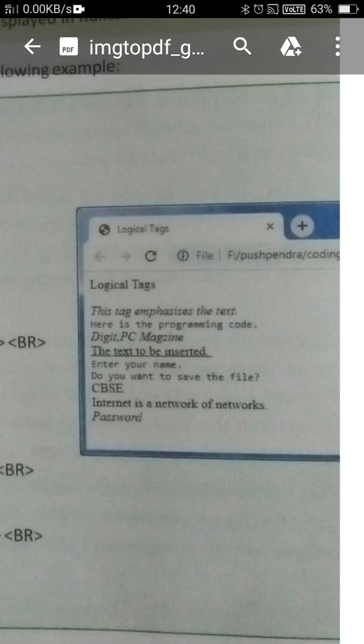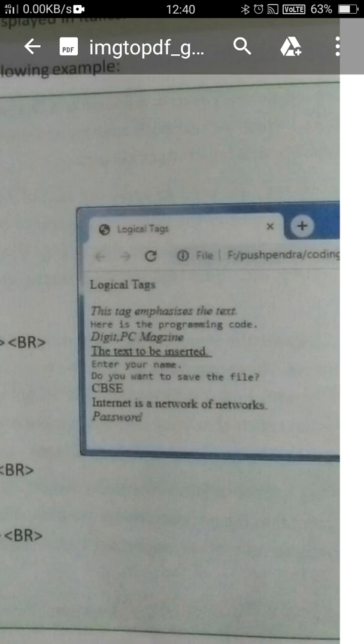The first one is the doctype. The doctype tag is used to define the version of HTML. It must be the first line of the HTML document or HTML program. And one attribute of the HTML tag, that is lang.